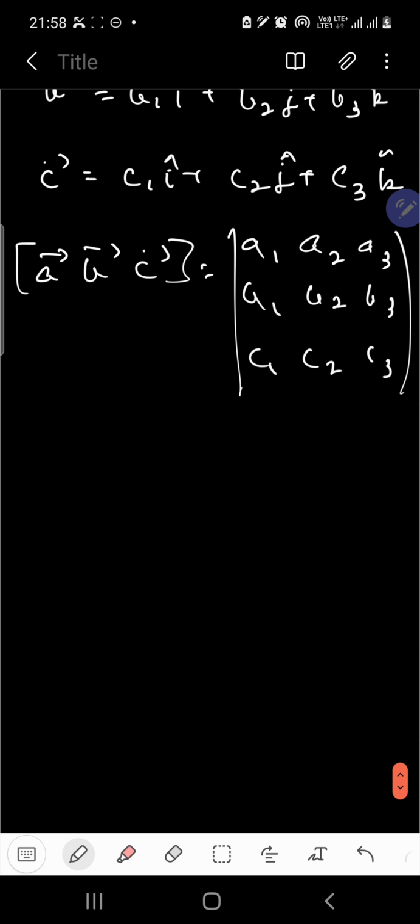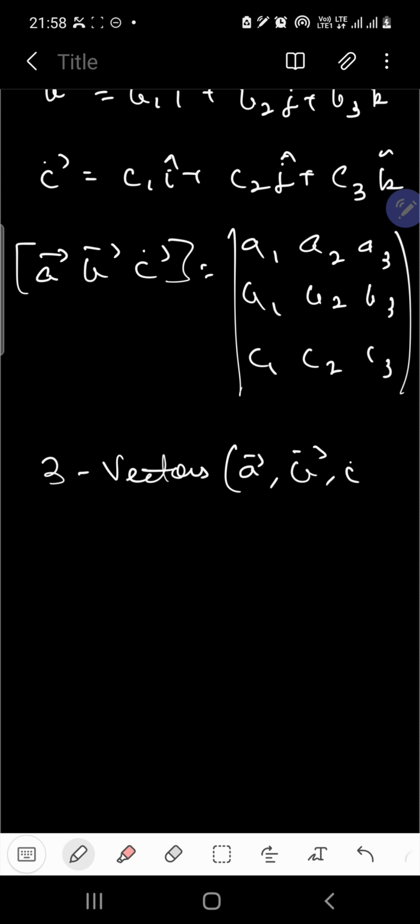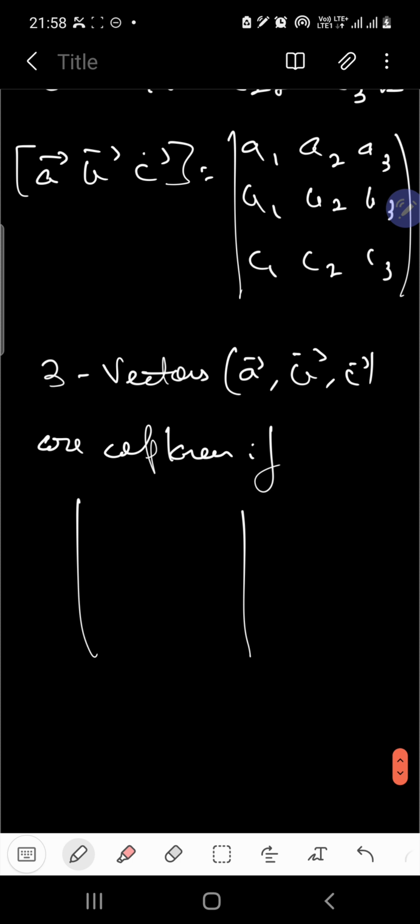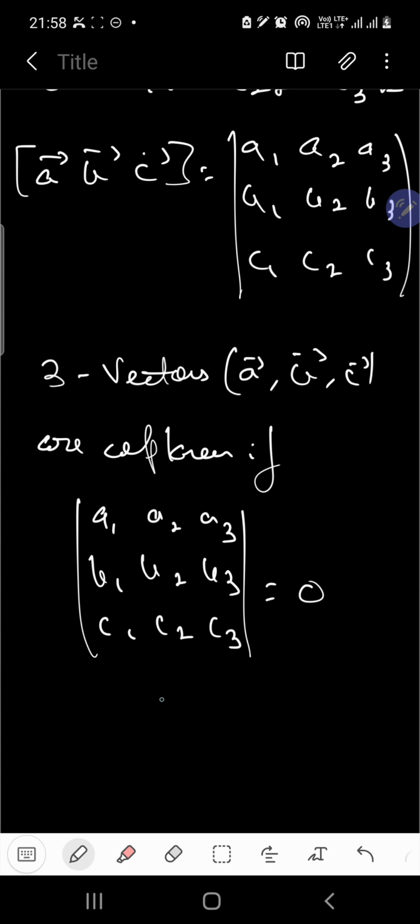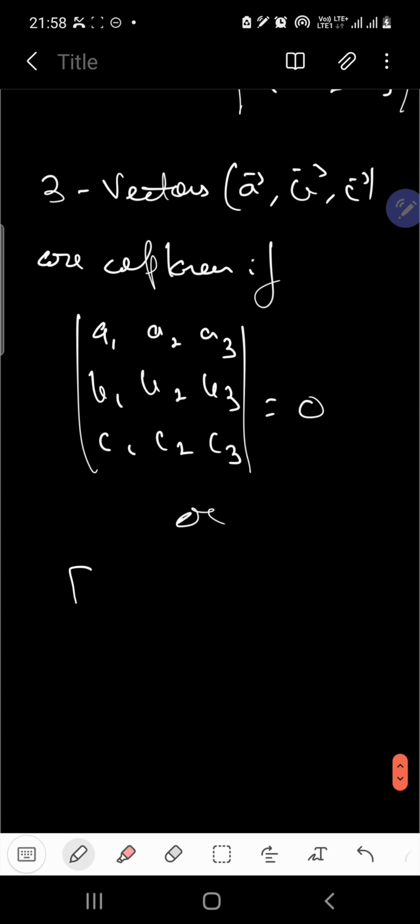Three vectors, let's say these three vectors as described above, are coplanar if this determinant a1, a2, a3, b1, b2, b3, c1, c2, c3 equals 0, or their box product equals 0.